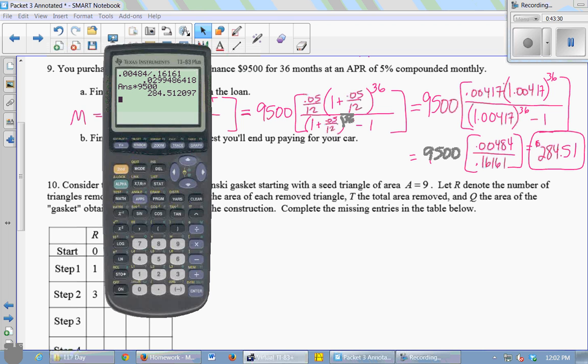And my answer to number 9 was 284.72. So it's a little bit different because I rounded a lot of my numbers. If you stored the numbers and didn't do any rounding, you'd come up with this.